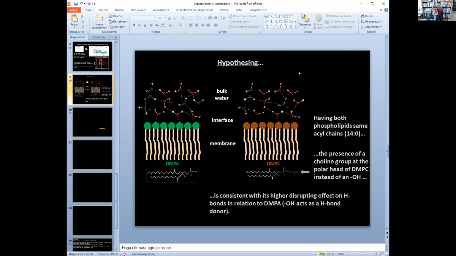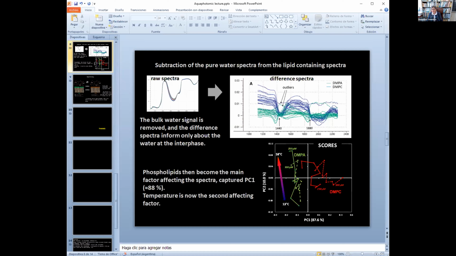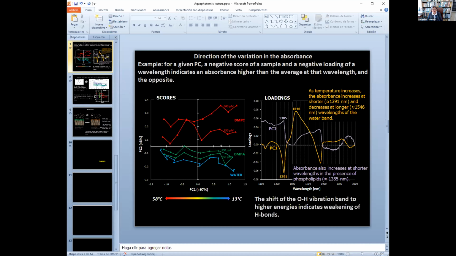Can you please show the PCA score plot? This one. Okay, yes, thank you. Now, 1385 is related to protonated water clusters. What is your comment about protonation in the whole story, if you have any?